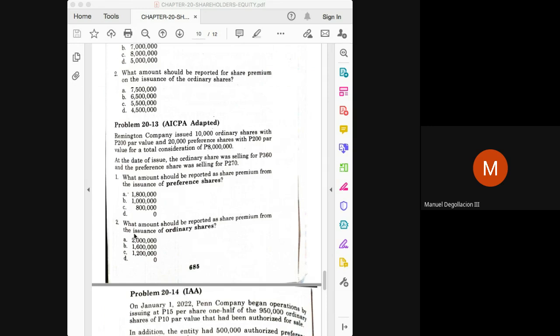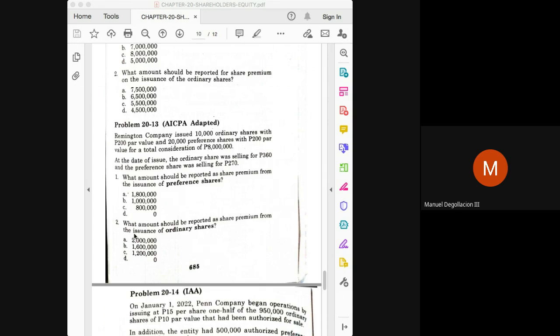Okay, so if you allocate it only based on 270 and 360, you are ignoring the fact that you are issuing more preference shares than ordinary shares, and logically a bigger portion of the price should go to the preference shares, considering that you are issuing more preference shares. So the way to do it is to get the total fair value and not the per share.